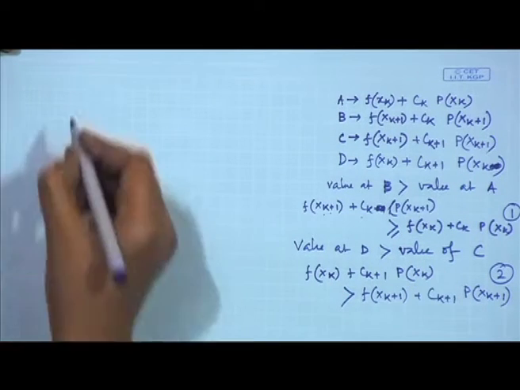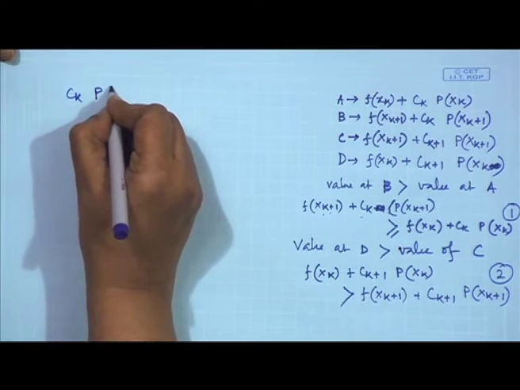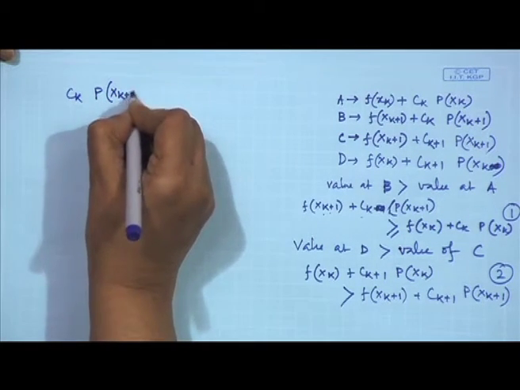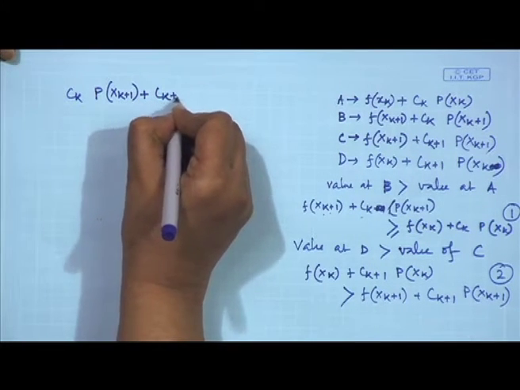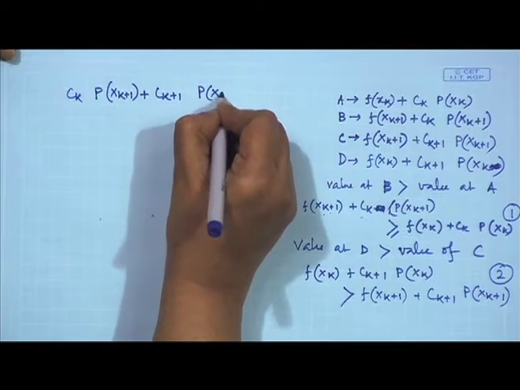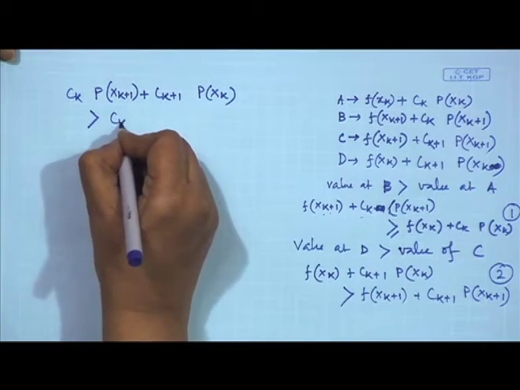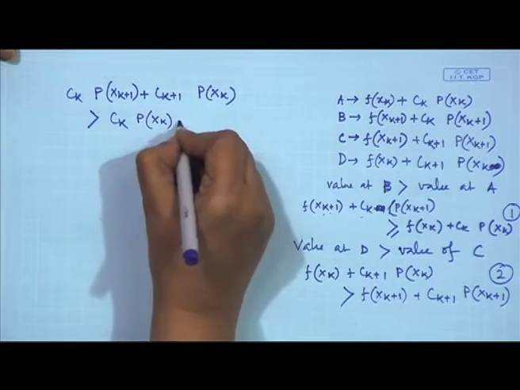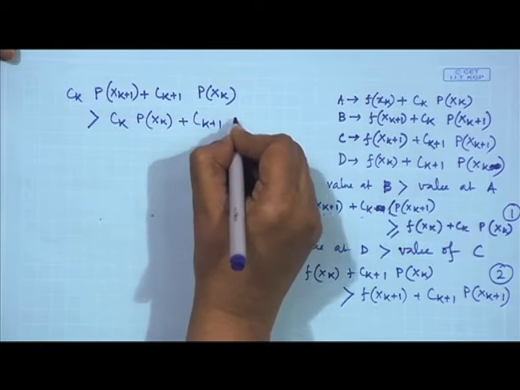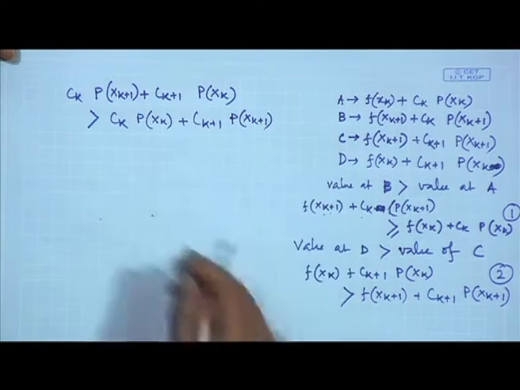That is why only we are having c_k p(x_{k+1}) plus c_{k+1} p(x_k) is greater than c_k p(x_k) plus c_{k+1} p(x_{k+1}).